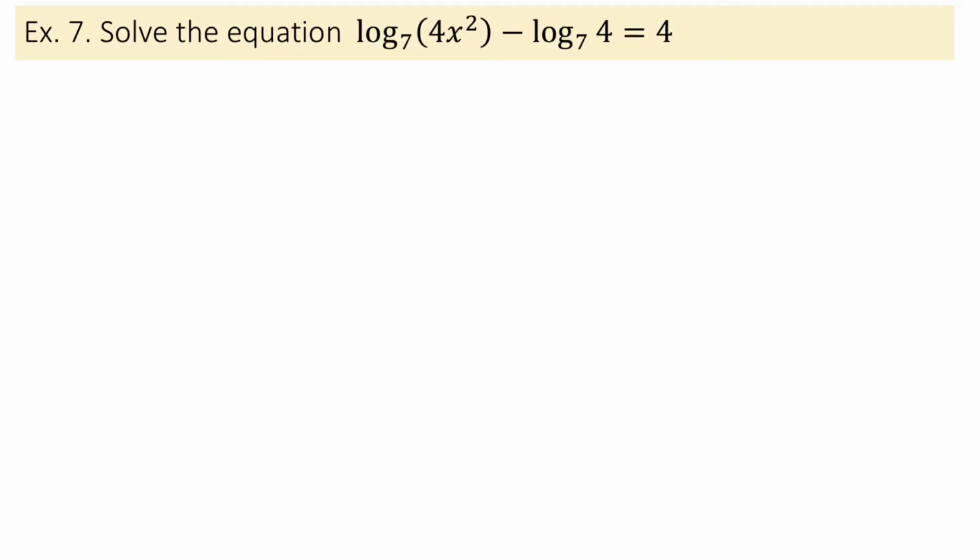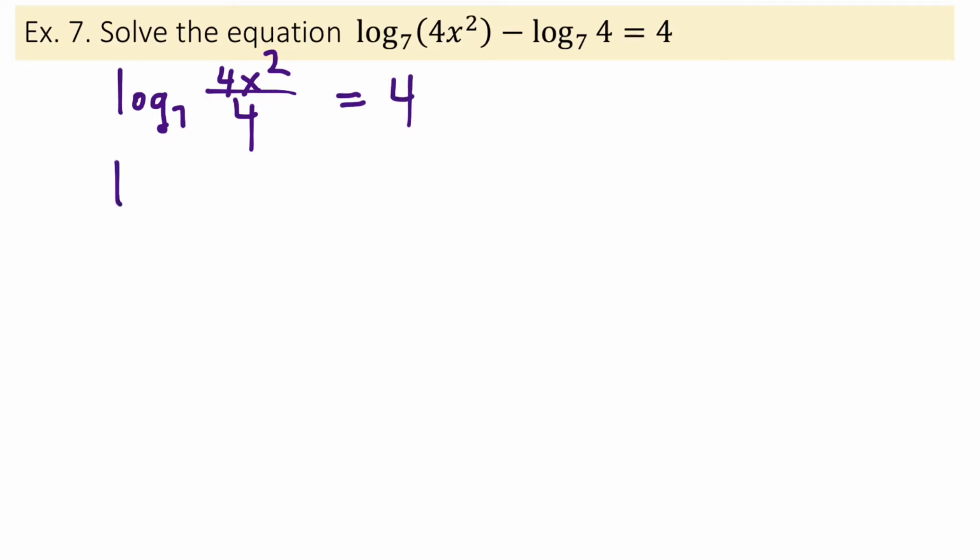First we want to notice that we can combine these two log base 7s together using one of our log properties. So minus, of course, is related to a quotient. So we're going to set this up as a quotient. So we've got log to the base 7 of 4x squared divided by 4 is equal to 4.